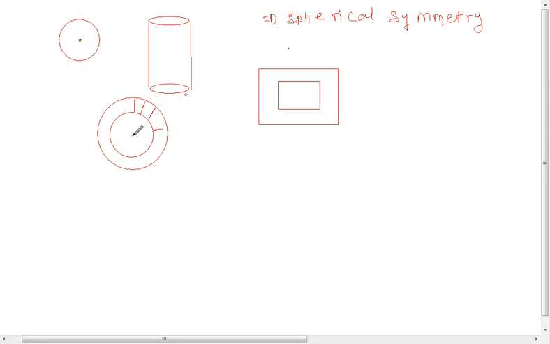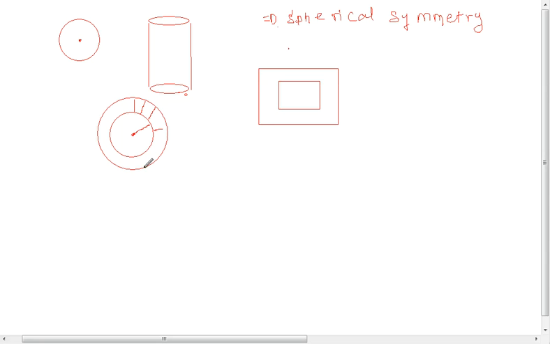If you look at this mass distribution, from the center to this point there is no mass, and after that you find mass. So the mass is not uniformly distributed, but the distribution of mass has a spherical symmetry.